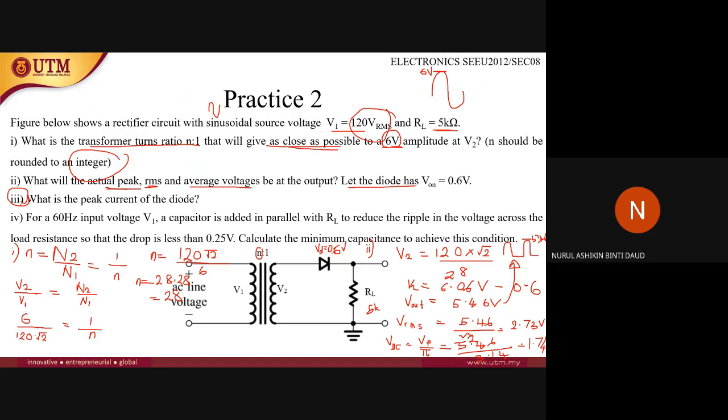It's supposed to be square root 2. Wait, let me check my notes again. Scared I'm wrong. The handouts.